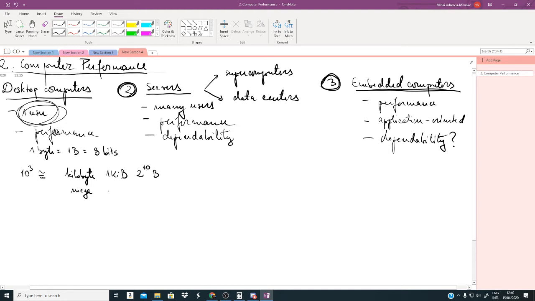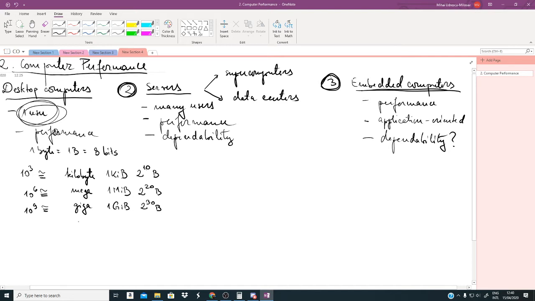Megabyte, of course. 1 mega is 2 to the power of 20, which is approximately this quantity. And then gigabyte. You put this small i, that's the new notation if we are talking about bits, right? If we are talking in decimals, then it's 10 to the power of 9.